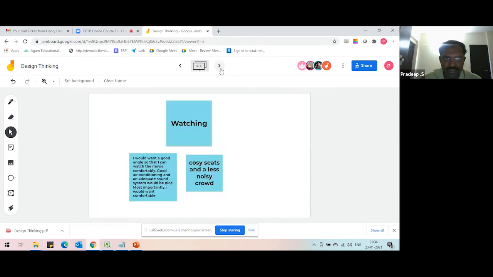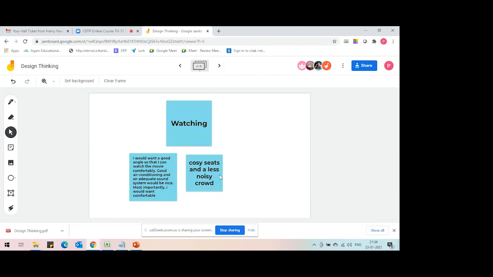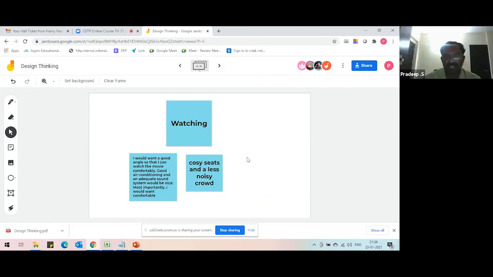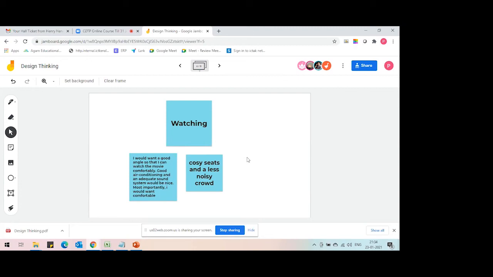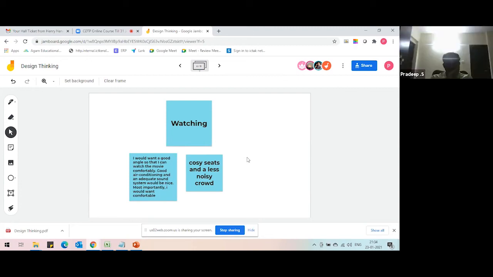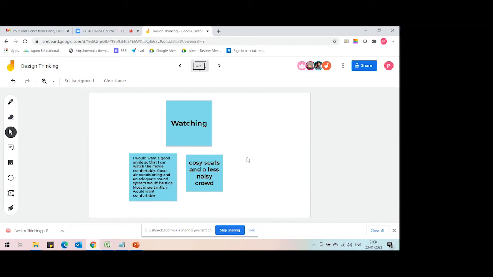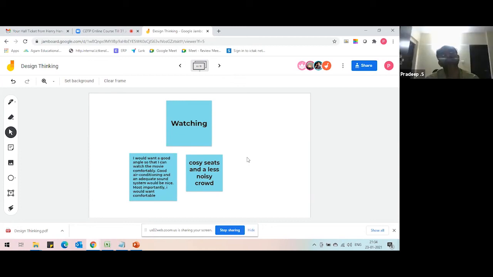Okay, so please tell me, what are the different touch points in watching? Seat, screen view, sound system, air condition.